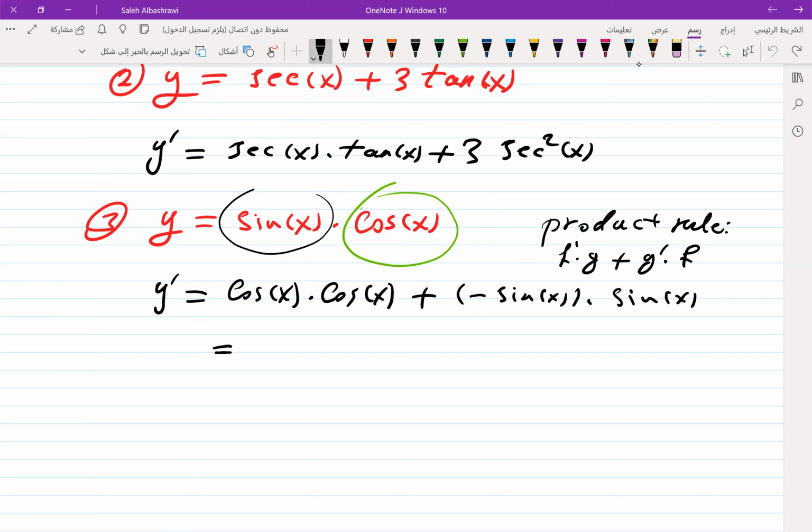So this is equal to cosine square x minus sine square of x, or simply cosine 2x. This is one of the identities of the trigonometric functions, the double angle. Cosine square minus sine square equal to cosine 2x. So the derivative in this case is equal to cosine 2x.